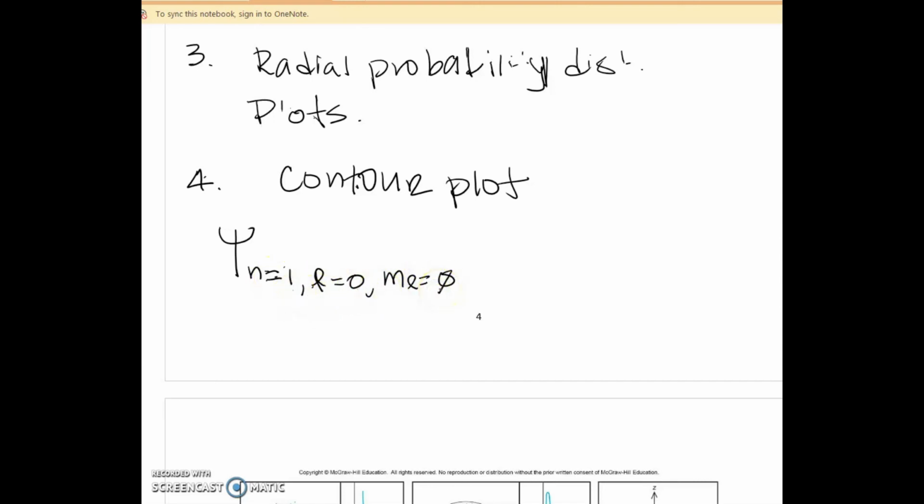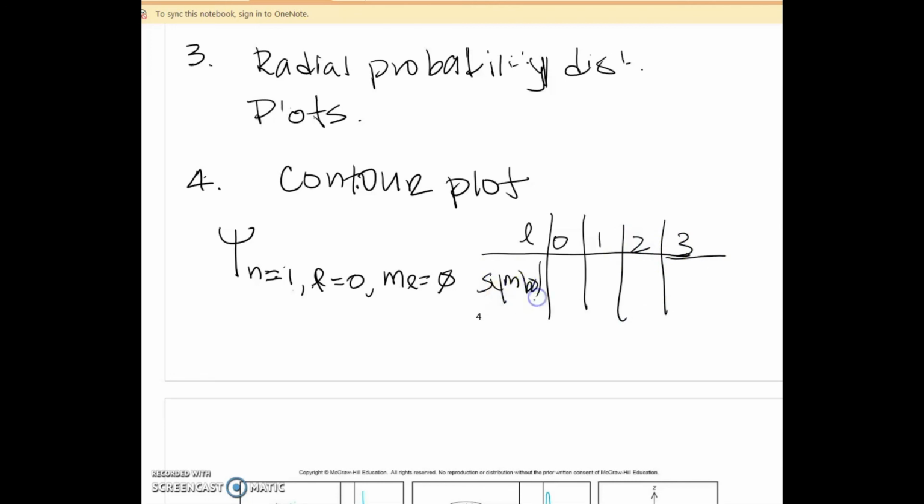So what chemists did is they came up with a code for our angular momentum L. We know that there are going to be numbers like 0, 1, 2, and 3. But chemists decided that instead of just having a lot of numbers, we are going to use letters.